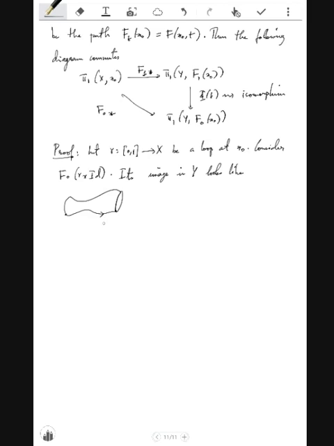This is the path delta of t. Let's say this is the point delta of t. This is the point y naught, which is equal to f0 of x naught.